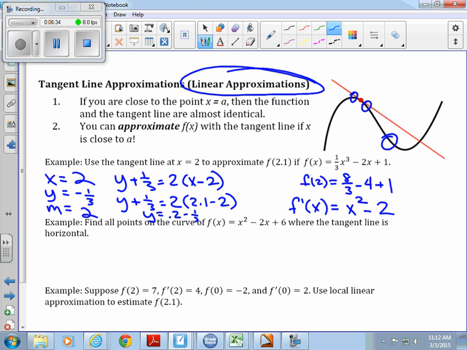Y'all better check that. I think that's negative 2/15. So the approximation is negative 2/15. So f of 2.1 is approximately negative 2/15. Using the tangent line to give us an approximation.